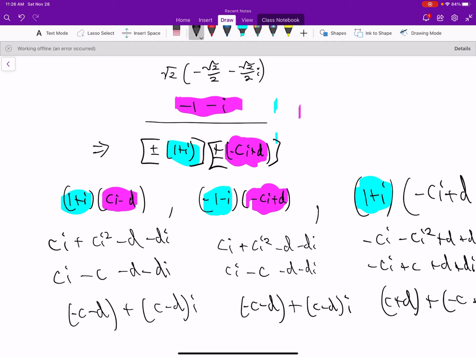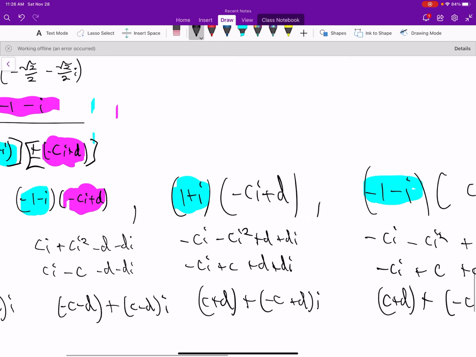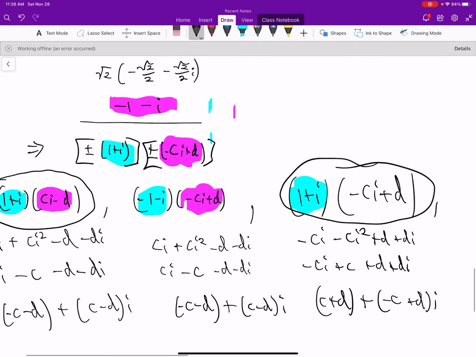Okay. So maybe I just need to group them in my head together a little bit differently. So I'm just going to do the positive version and the positive version. Yeah, this is right. And then, so I do the positive blue and then the positive and negative red. So what I just circled.